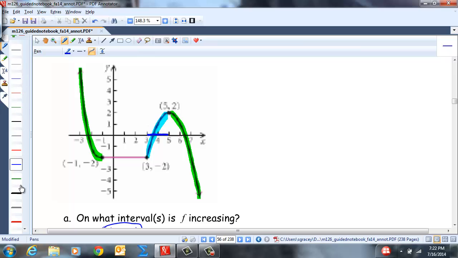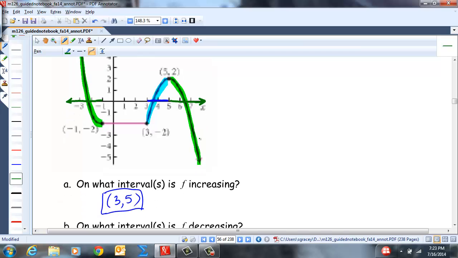Now for the green, this goes up. It doesn't have a stopping point. So basically, from here to here, do you see it's going to behave that way? So from minus infinity to minus 1, and then also from where to where? Good, from 5 to infinity. Those are the x values that correspond to the y values decreasing.